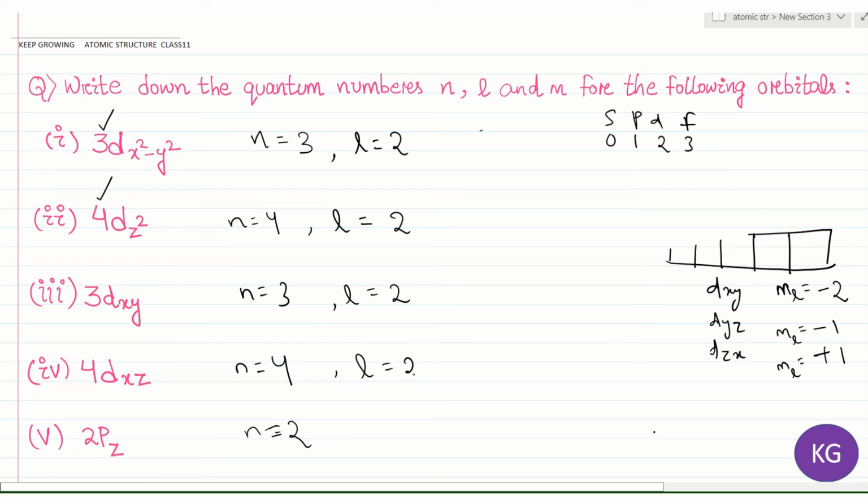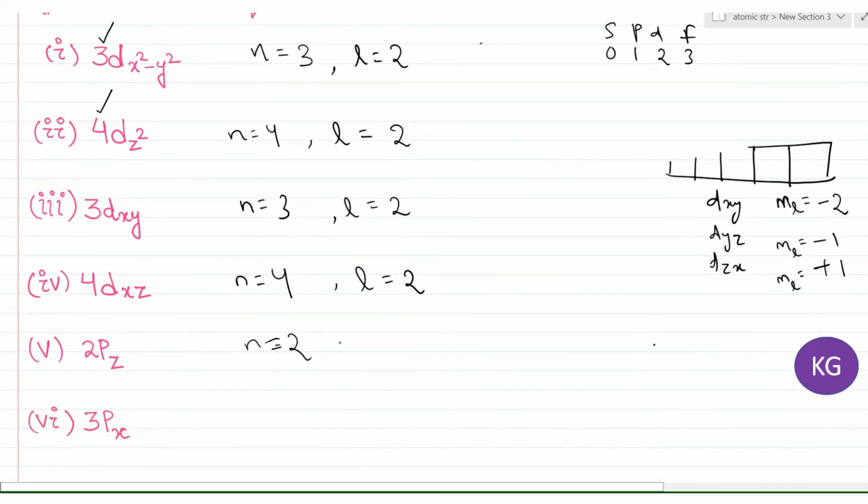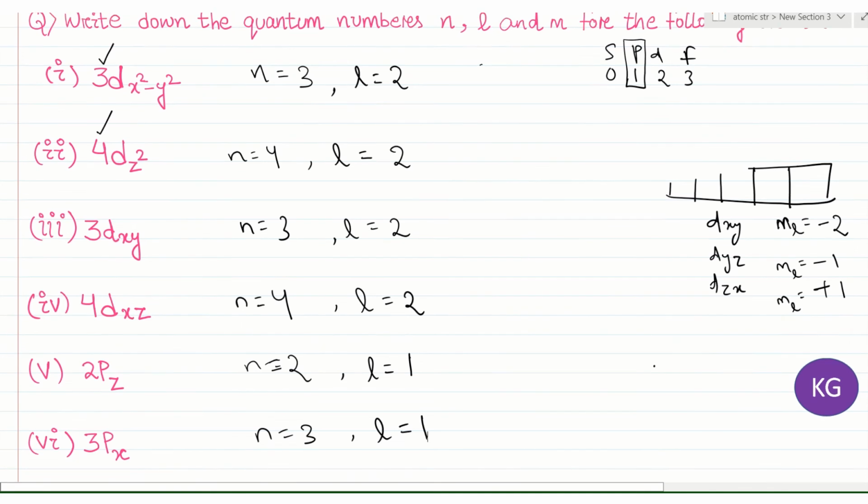Here l is equal to 2. Here it is p, so l is 1. For p this is 1. n is equal to 3 here. Hence we got the l value.